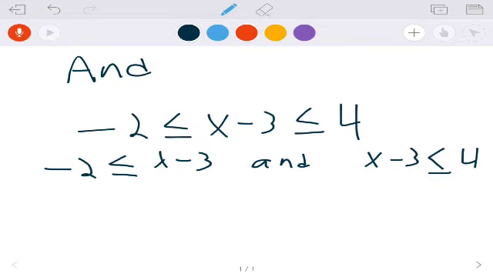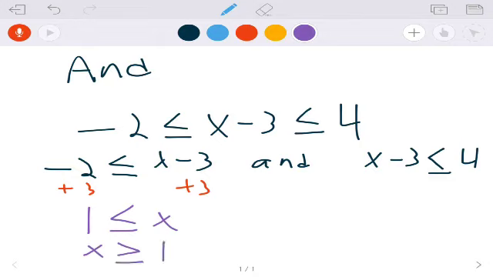And so we can go through the process and solve this just like we have been, where we add 3 to each side. That would give us 1 is less than or equal to x. We could turn that around and say x is greater than or equal to 1.